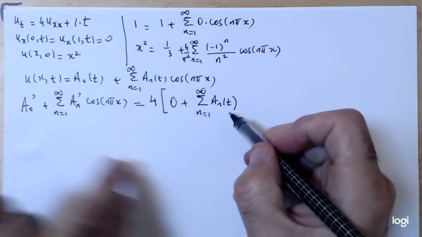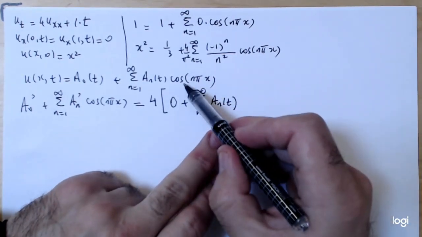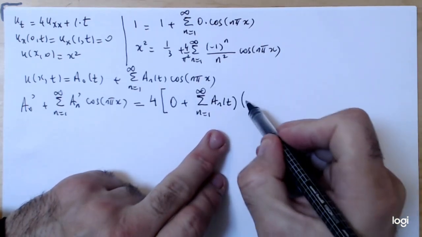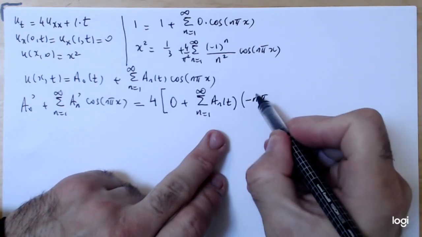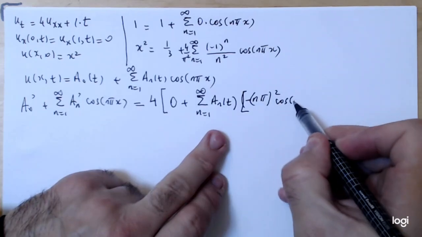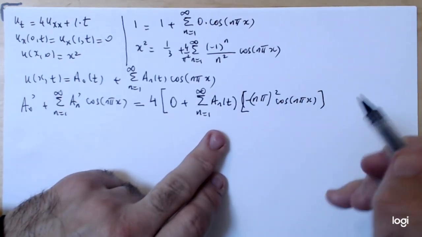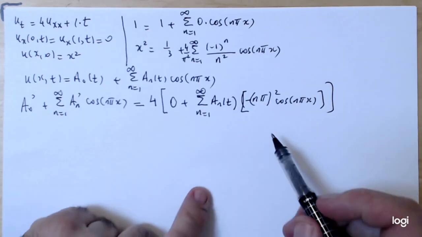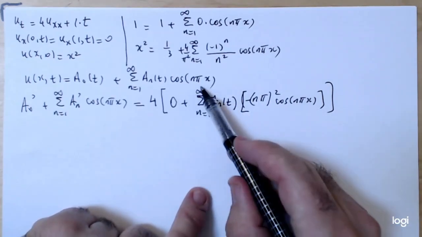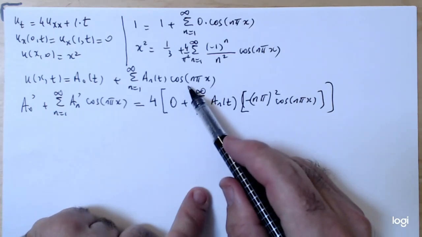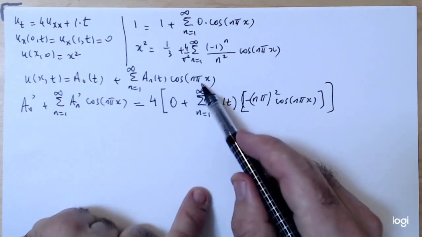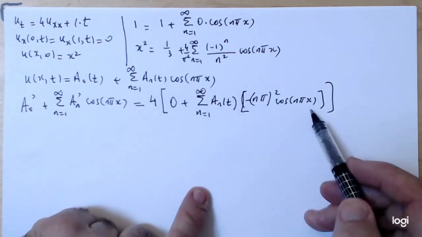And partial x twice for cosine of n pi x becomes minus n pi squared cosine of n pi x. Lots of parentheses here, but I hope it's clear enough. Yeah, so cosine of n pi x, partial x becomes minus n pi sine. You do it one more time, minus n pi squared cosine.